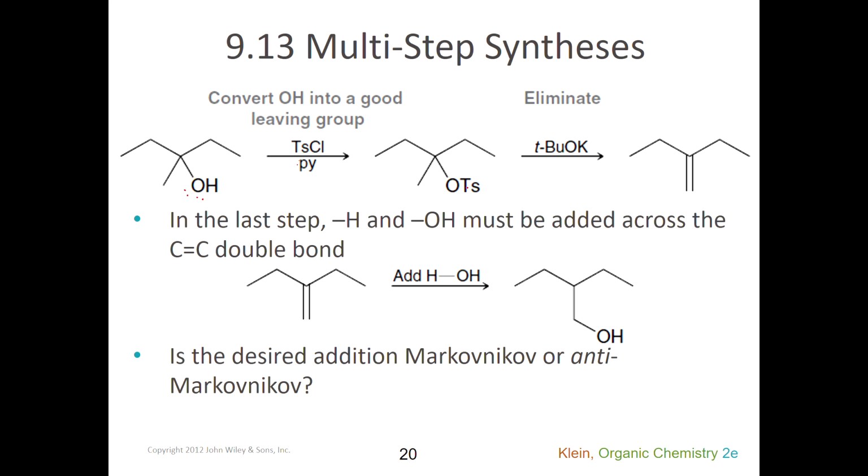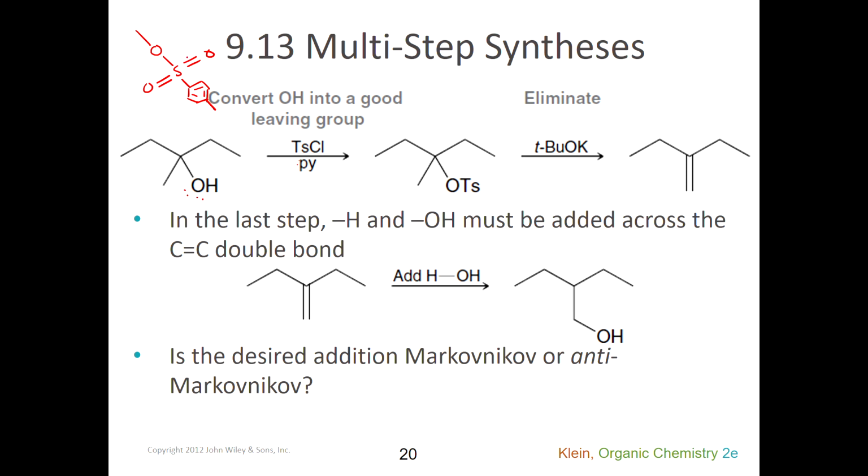Right? And if you recall, what does an OTs look like? An OTs has a couple of S=O double bonds and a phenyl group there, and there's actually a methyl group there as well. The exact structure of this isn't that important.